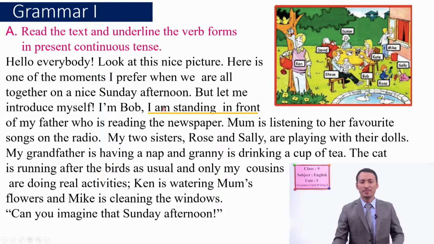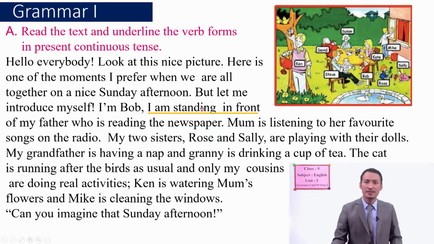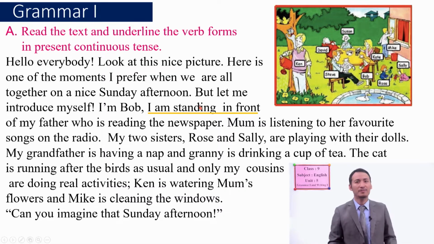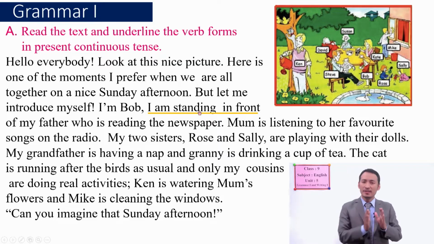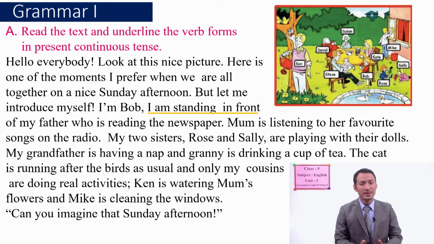There is an auxiliary verb am, and there is a verb ing, or verb 4 we call it, verb ing here. So this kind of sentences are called present continuous tense, and these kinds of sentences describe the current happenings or activities going on at the moment of speaking.